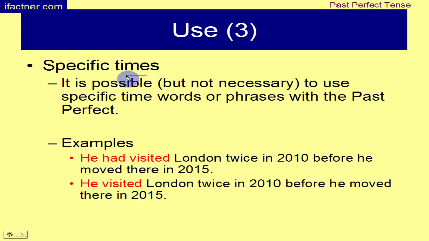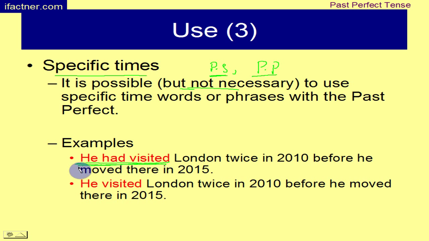And we can use specific times or phrases with the past perfect tense, but it is not necessary. We can use past simple tense for the same sentences, and we can use the past perfect tense for the same sentences, and both would be correct. An example is, he had visited London twice in 2010 before he moved there in 2015.